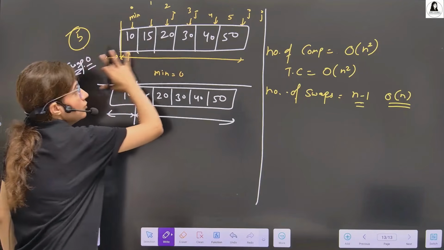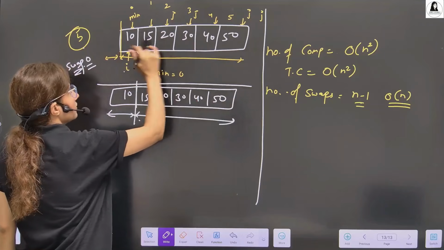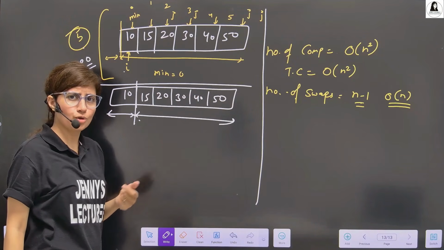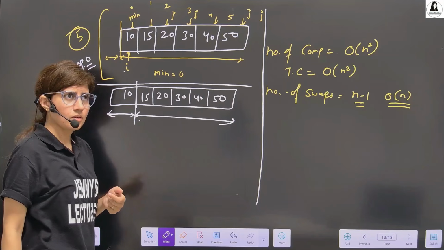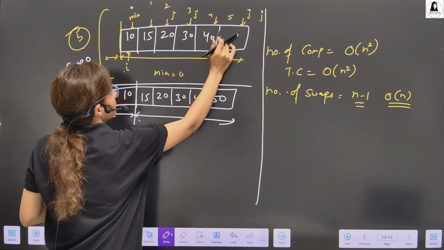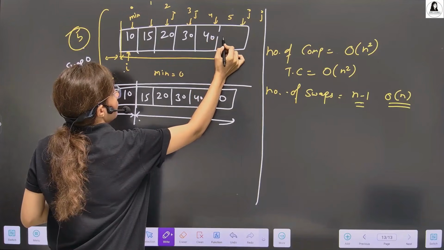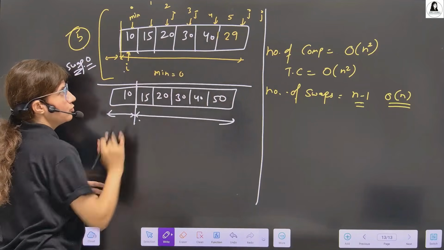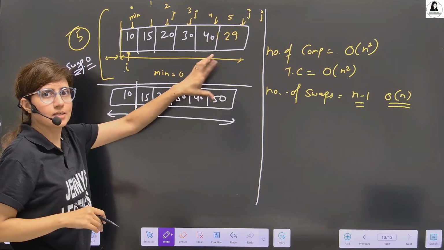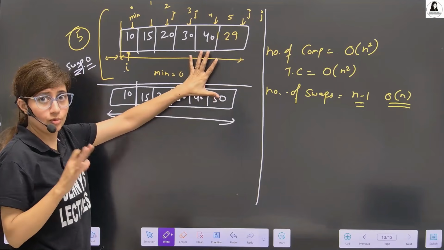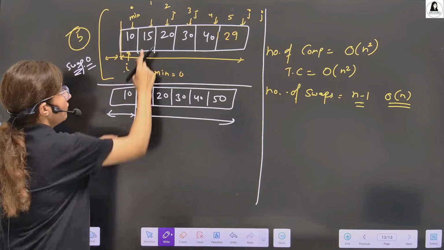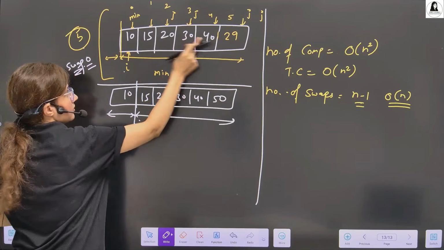Now, even after one pass, this was pass 1, we are not able to find out whether this is already sorted or not. Let's take, here we have 30, here we have suppose 29. So we know that the array is not already sorted, but still you need no swapping. Still the minimum element is 10. So even after you compare this with 29, is this less than 10?